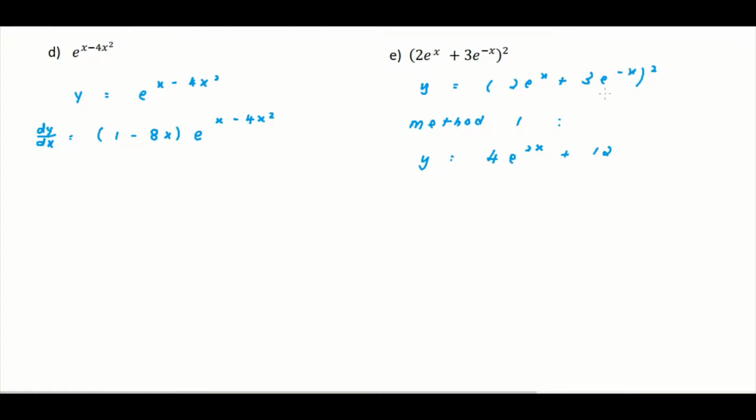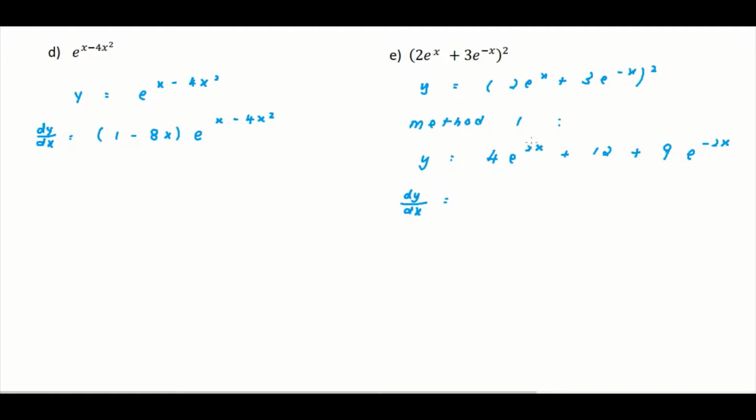When you add the powers together, you get e to the power of 0, which will actually give you 1. That's why you are left with 12. Then plus 9e^(negative 2x). If you are confused with this, you can try to do it much more step by step.